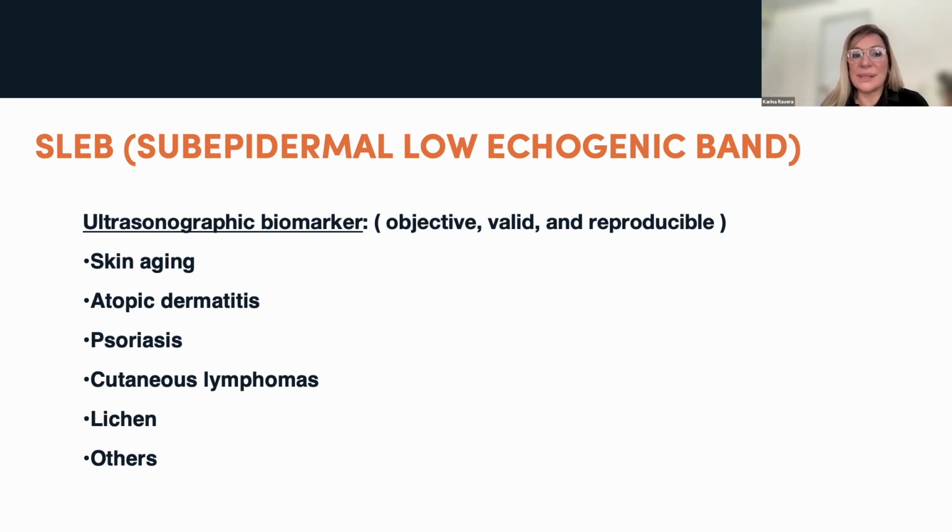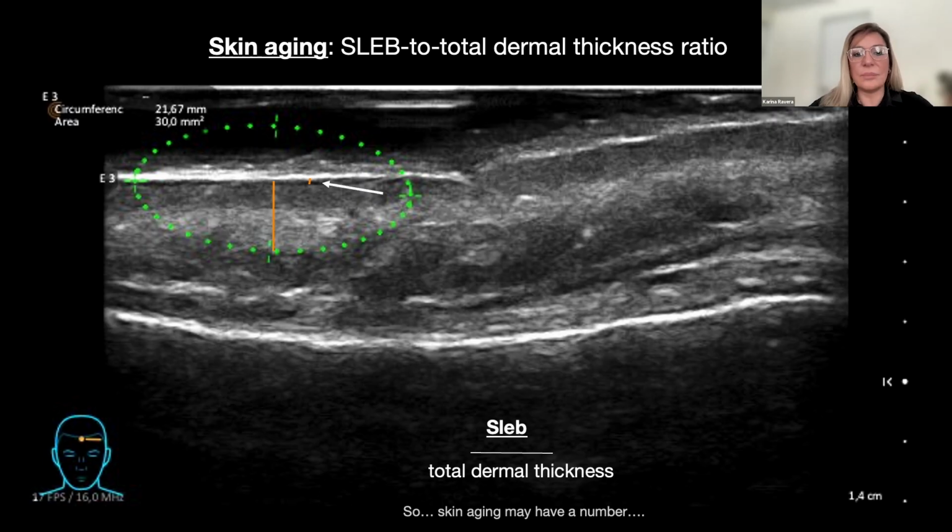So SLEB is a very important ultrasonographic biomarker. It is objective, valid, and reproducible. It is very important in skin aging assessment, atopic dermatitis, psoriasis, cutaneous lymphomas, lichen, and other conditions.